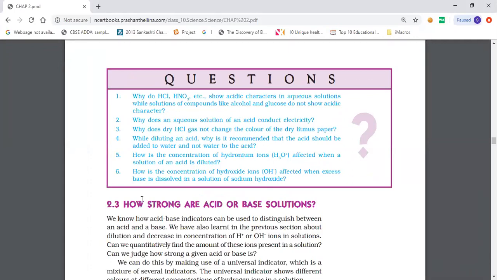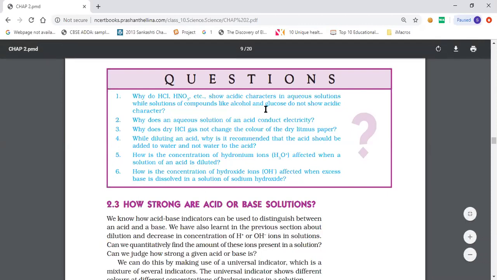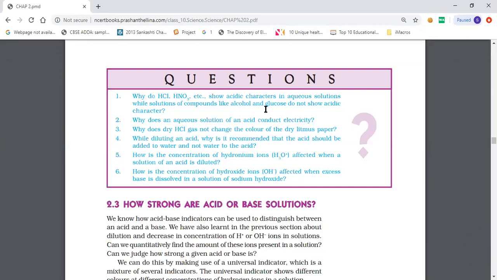Gokul, can you tell me the reason? We have discussed all these questions. Yes, Gokul, answer of first one. That's because HCl and HNO3 are acids.